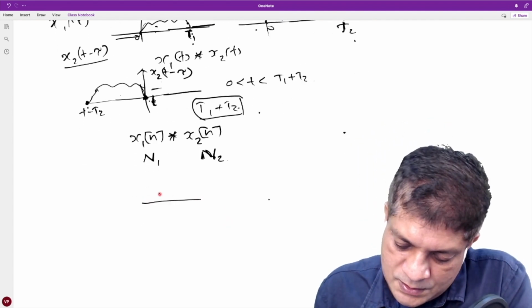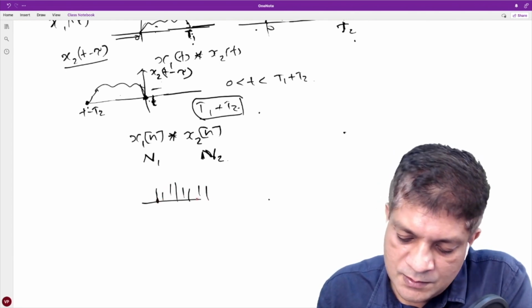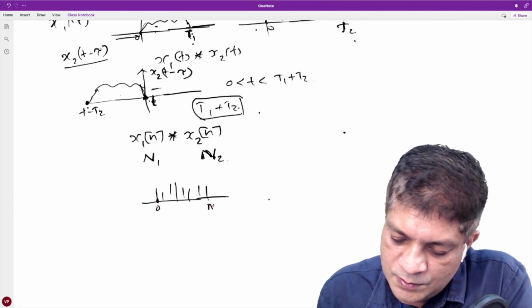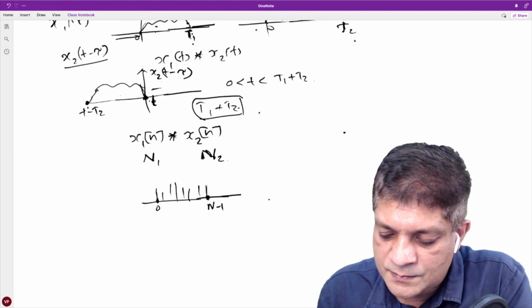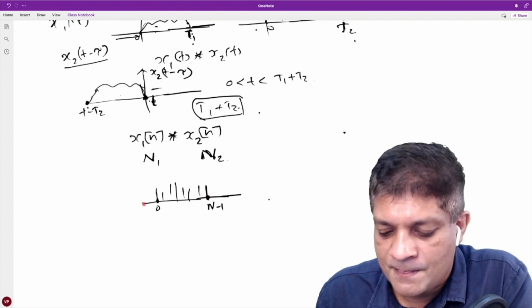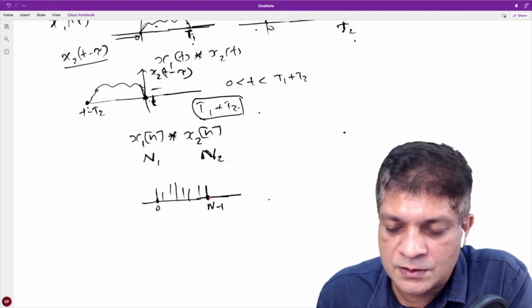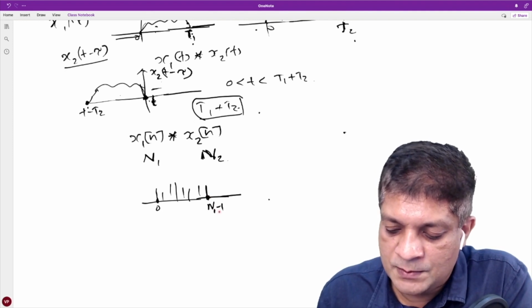Let me draw it here. So duration n1 means it is from 0 to n1 minus 1.